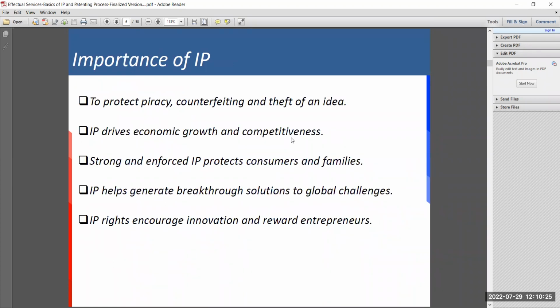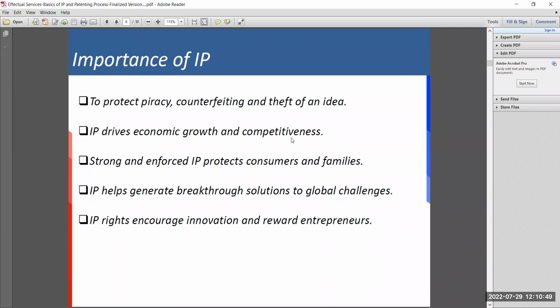So, importance of IP: to protect against piracy, counterfeiting, and theft of an idea. IP drives economic growth and competitiveness. As I told you, it will help you in terms of monetary benefit. Strong and enforced IP protects consumers and families. IP helps generate breakthrough solutions to global challenges.